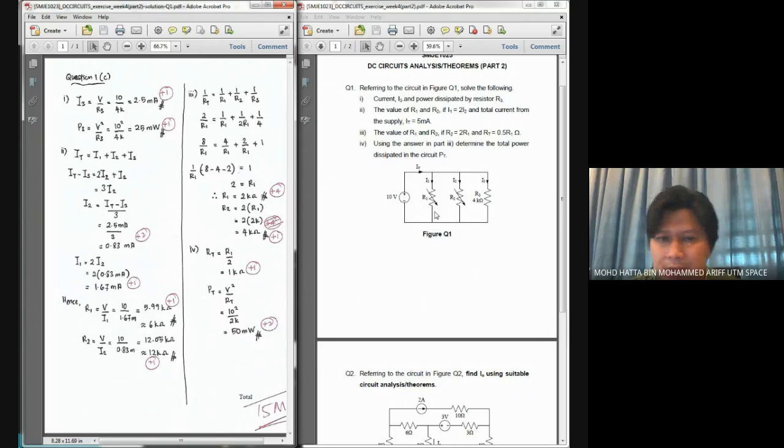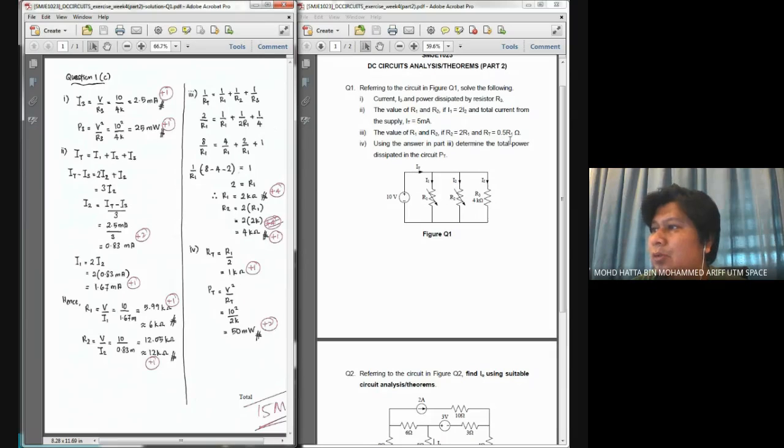It can be any value. So for question number 3, the value of R1 and R2 is given by this condition, where in part 3, the total resistance of these 3 parallel connected resistors is 0.5 R1.